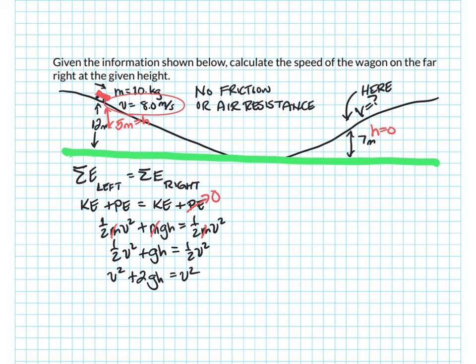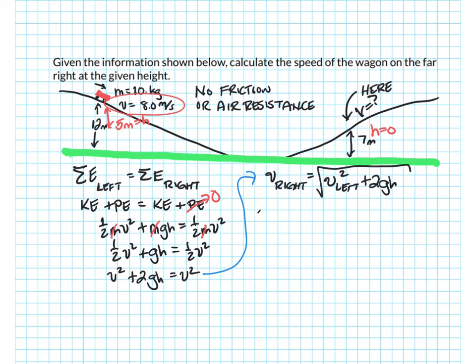And then the velocity on the right equals the square root of v squared on the left plus 2gh.